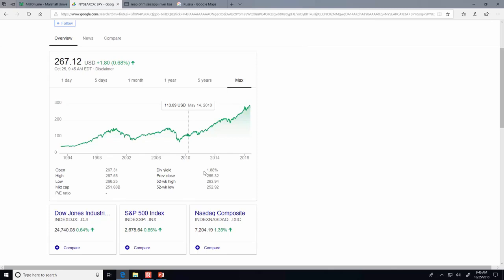Like, if we just go to some of the specific numbers here, at the peak of that pre-financial crisis, this is one particular stock index. This is called the S&P 500 index. It's an accumulation of 500 of the largest companies in the United States. And so this index was about $150 a share.